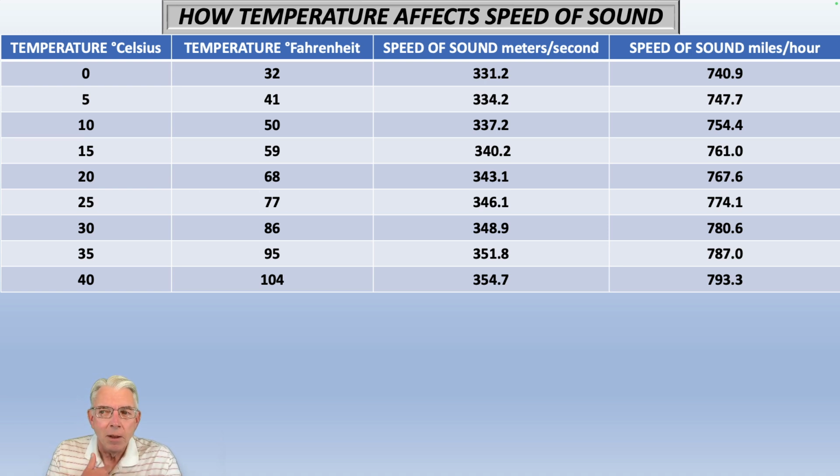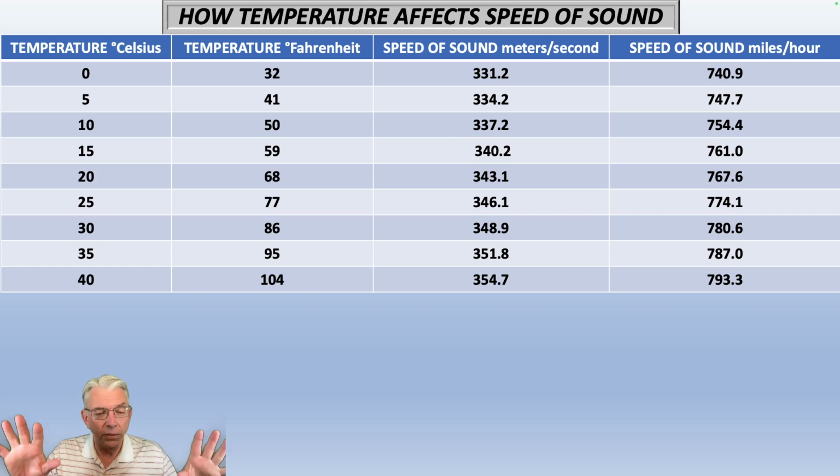And by the way, might as well take this opportunity. This is a personal method that I came up with a long time ago to help me quickly convert from Celsius to Fahrenheit or backwards. If you can remember that 0 is 32, you use that as your base, then you know that for every 5 the Celsius goes up, the Fahrenheit goes up 9. Or for every 5 the Celsius goes down, the Fahrenheit goes down by 9, okay?